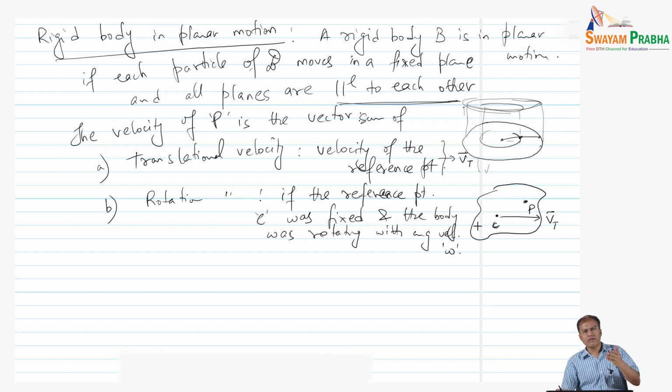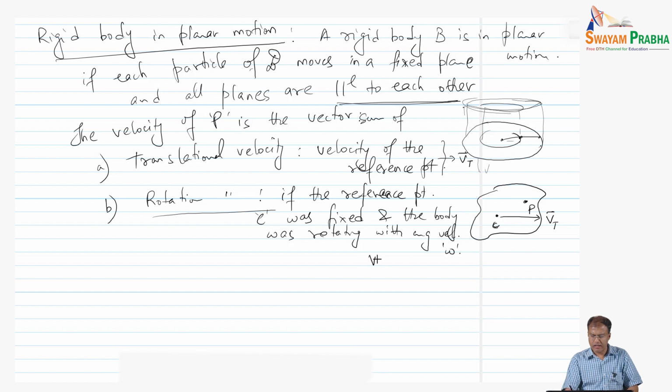Let us now, for example, fix our frame of reference on the axis of rotation of the body. Any motion of the axis of rotation, that is the translational motion, will not be visible in that frame. The only motion of the particle P that is going to be visible in this frame, which is attached to the axis of rotation, is the rotational velocity.